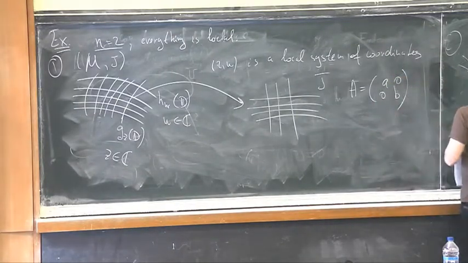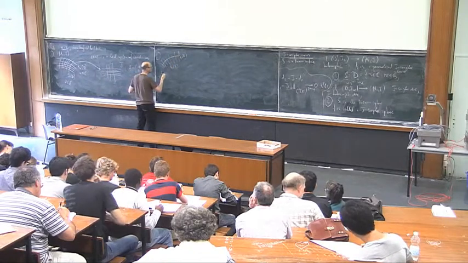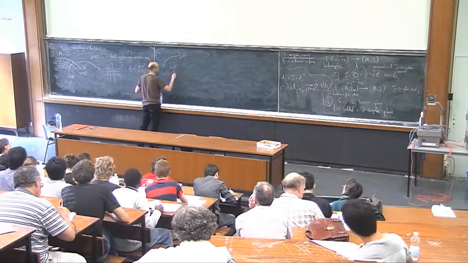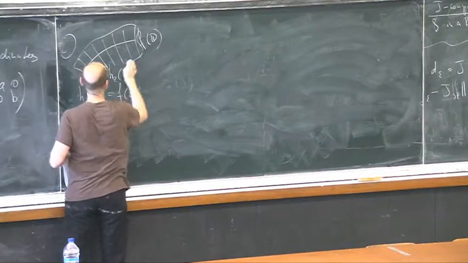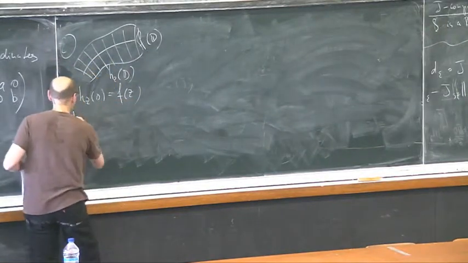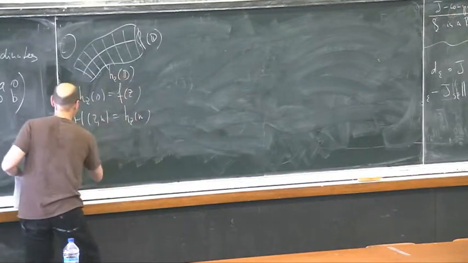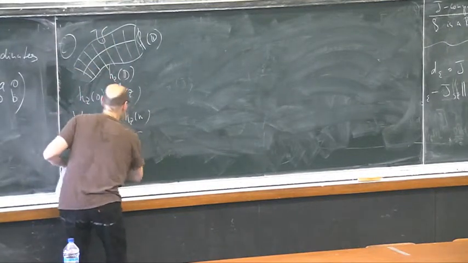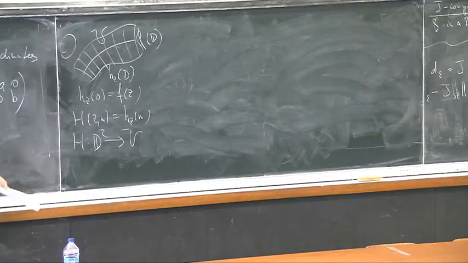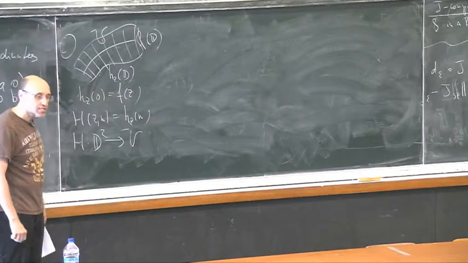So these are J-complex disks, H_Z of D, which are transverse to f of D, and you can arrange this in such a way that at the origin, every disk is like this. Then you can parameterize the neighborhood of f of D by this map. H of (Z, W) is equal to H_Z of W, and H is the map from the bidisk to this neighborhood U. If your map f is an embedding, then you can choose H an embedding. If not, you can choose H as an immersion.